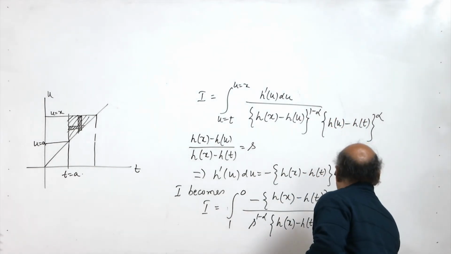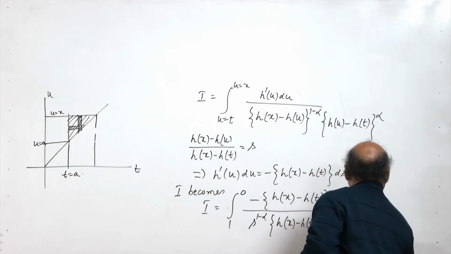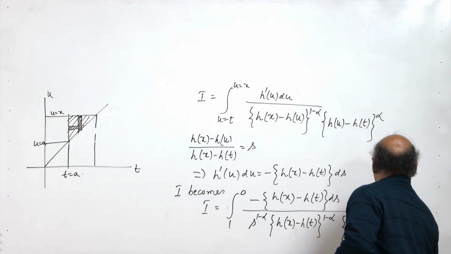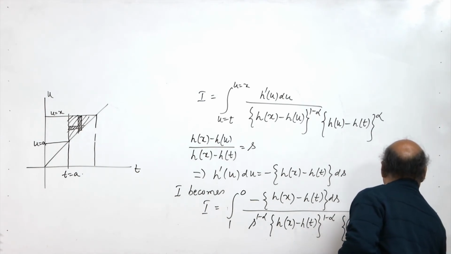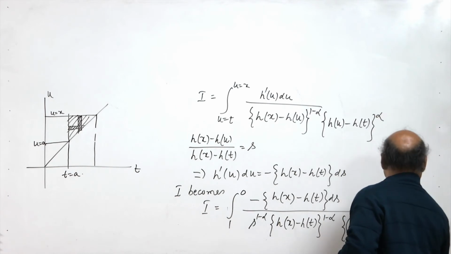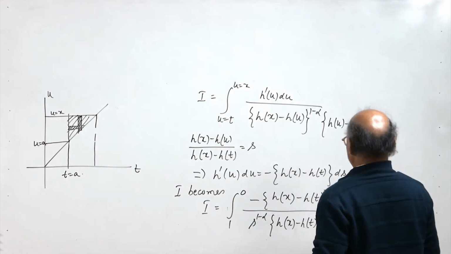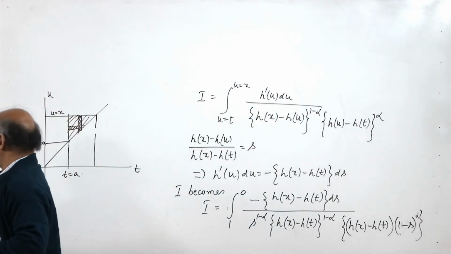So, we will have (hx minus ht) into (1 minus s) raised to the power alpha.